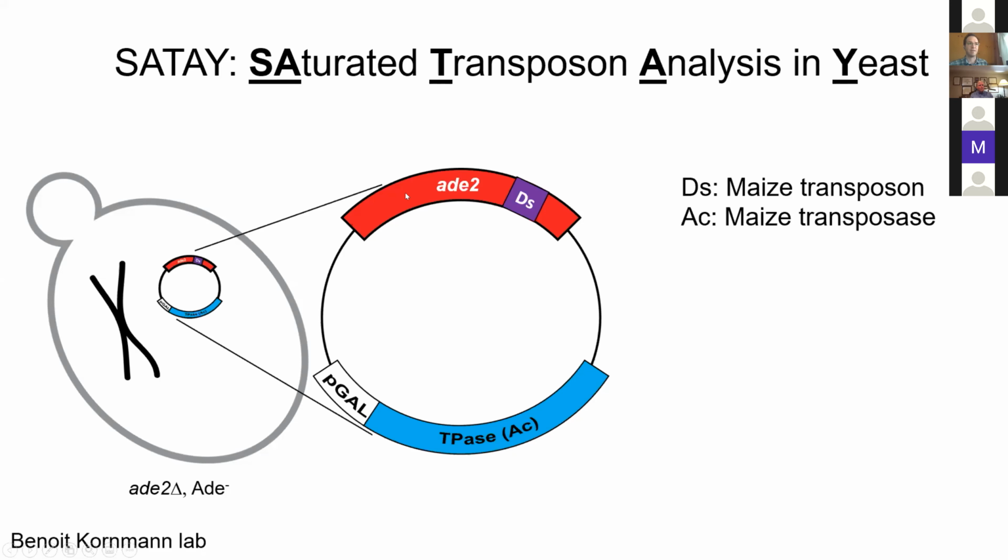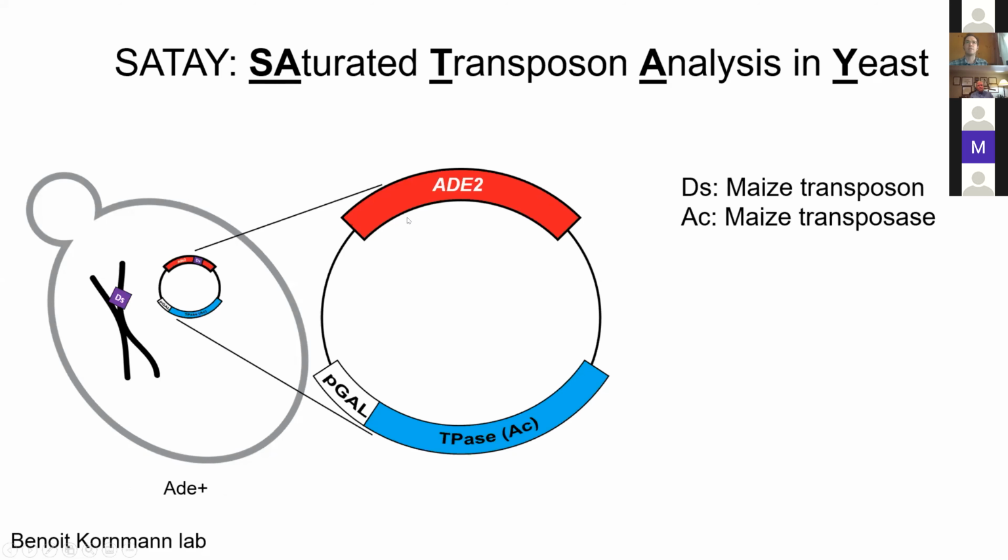It's based on a plasmid, which contains an Ade2 ORF, which is required for making adenine. However, this ORF is disrupted by a Ds transposon. The plasmid also contains a transposase, which is on an inducible promoter. So by inducing the transposase, you can remove the transposon from Ade2, and it inserts randomly into the genome.